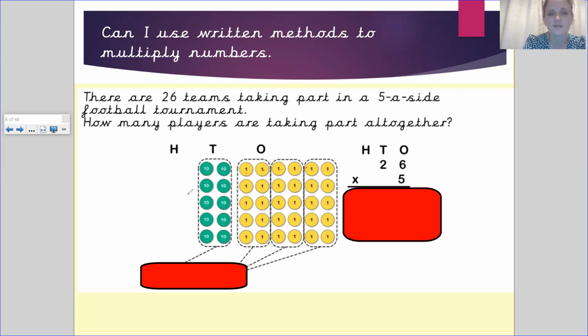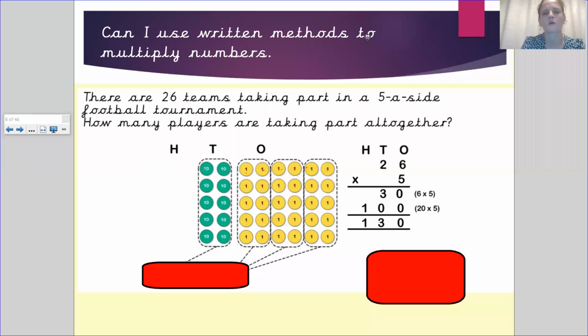So there's 26 teams, and they are taking part in a 5-a-side tournament. So how many players are taking part all together? So our question is 26 times by 5.